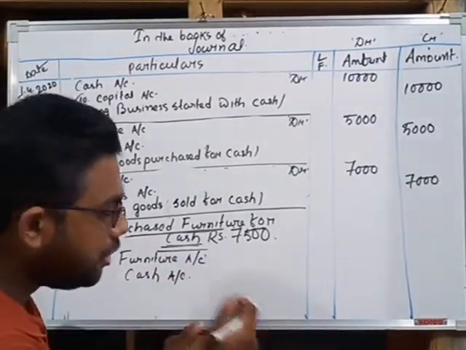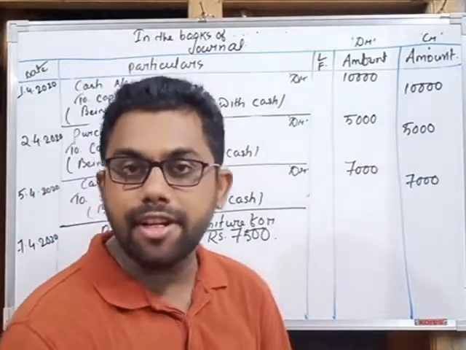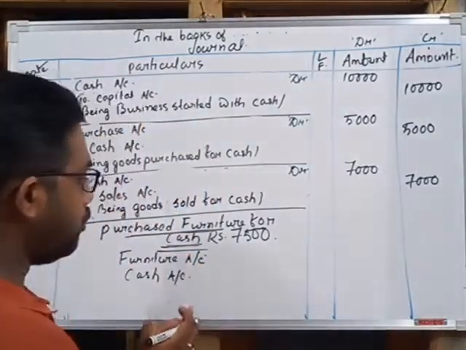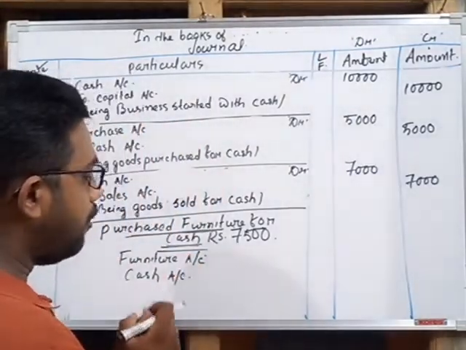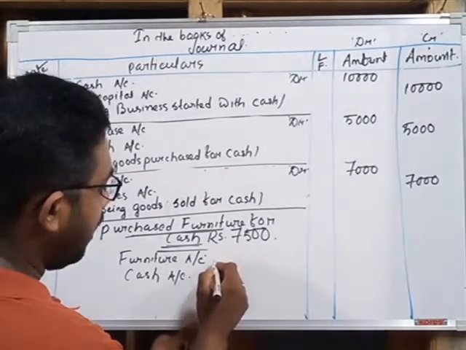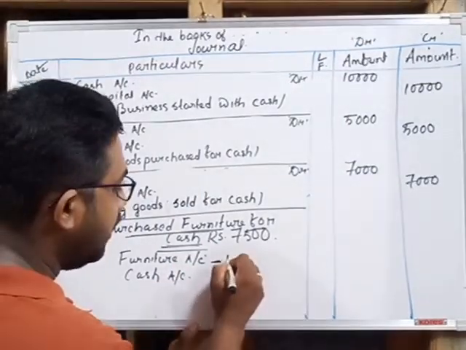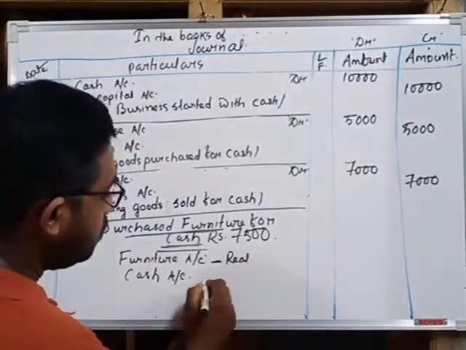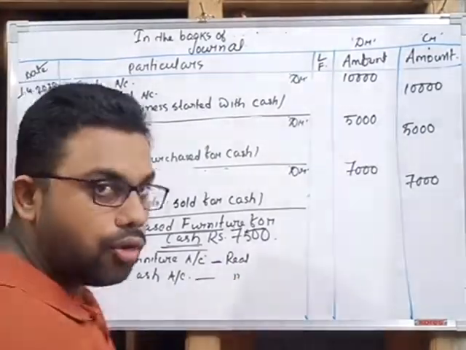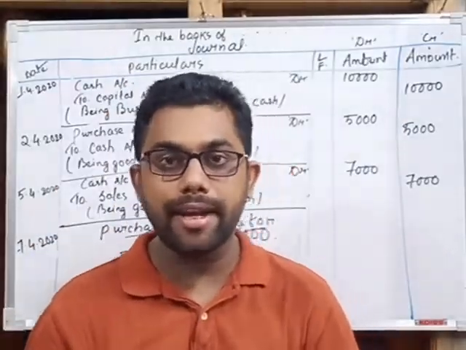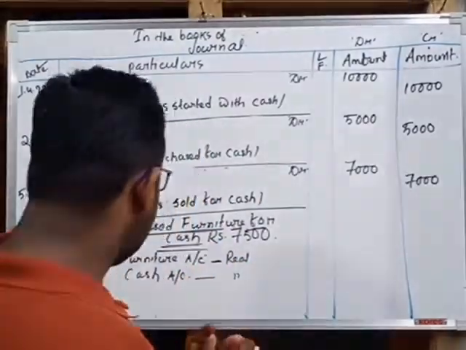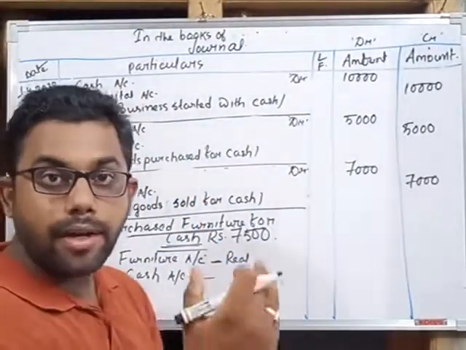So I have identified the two account heads affected by the transaction. Now we have to look at what type of account each is. Furniture is an asset, a real account. Cash is also an asset, also a real account. Now we have to apply the golden rule of debit and credit for real account. What is the rule for real account? What comes in is debited.